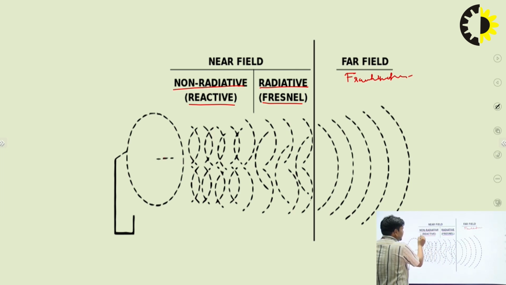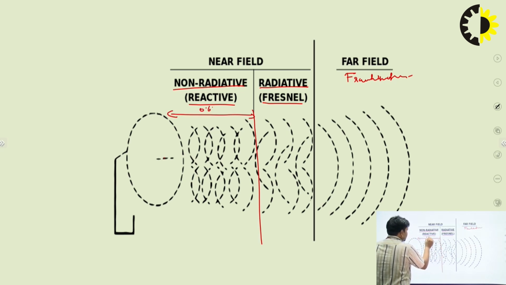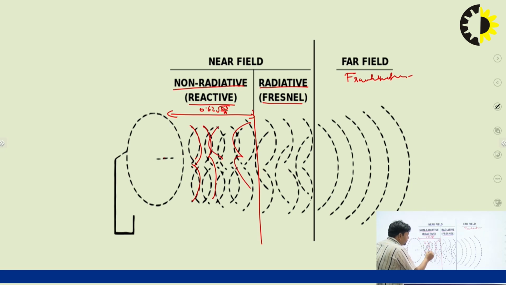If you're in the reactive region, this distance is 0.62 under root D cubed by lambda. We can see that the wavefront is here and some reflection comes back, so no power is targeted or radiated in that particular region. Most of the power is reflected back to that particular antenna.